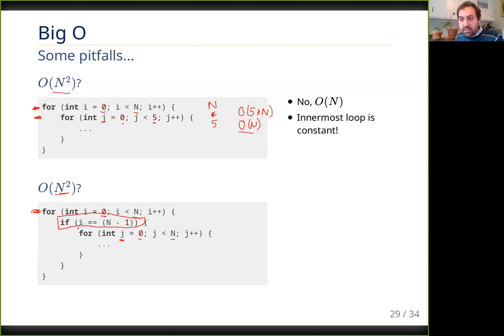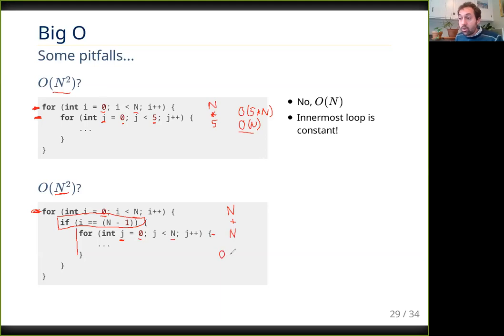So in fact, this for loop will not be executed for every iteration of I. It's only going to be executed once. So technically what you're doing is that you're executing the first for loop n times, and once you're going to execute the second for loop. So it's not a multiplication. It's an addition. It's a sum.